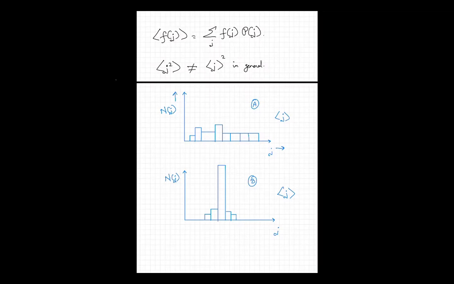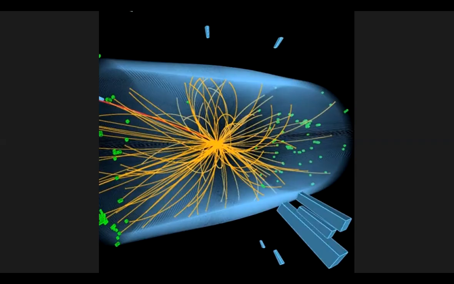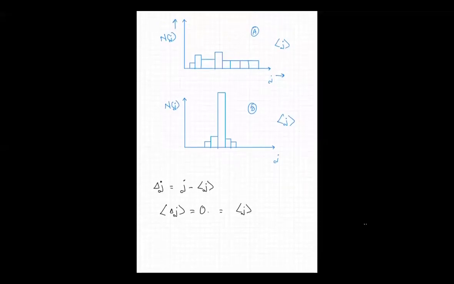Why? Because the average of delta J is the average of J minus the average of J. Sorry, this is not showing up. Okay, so this is what I mean.